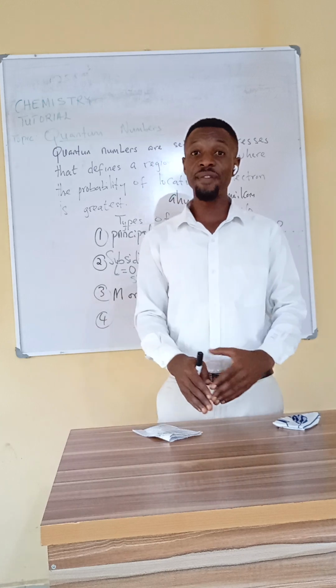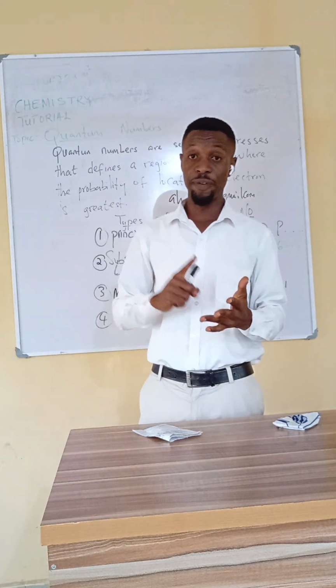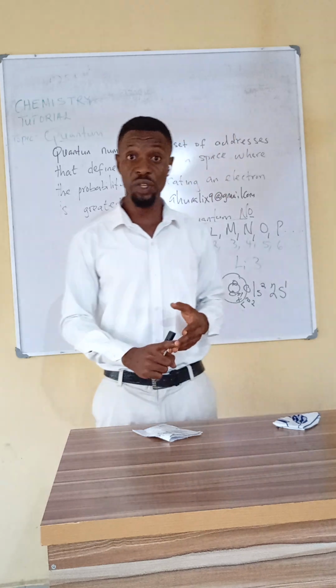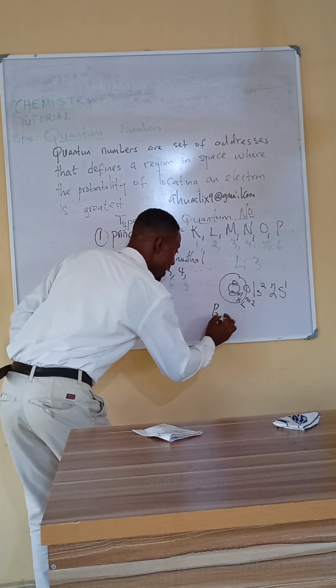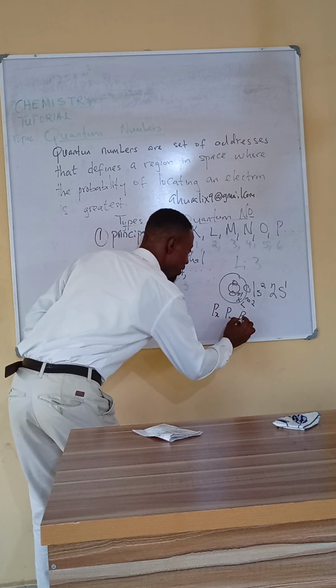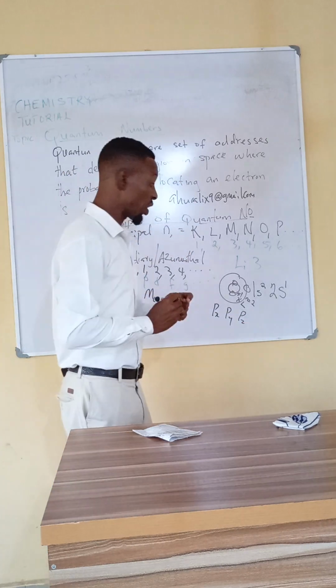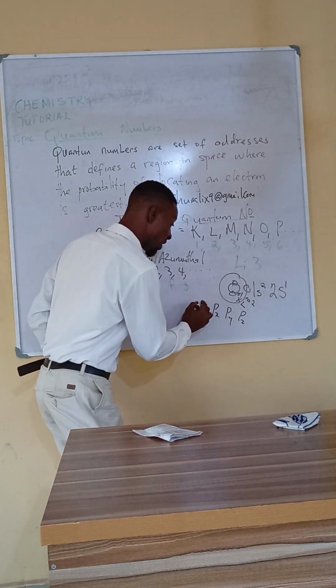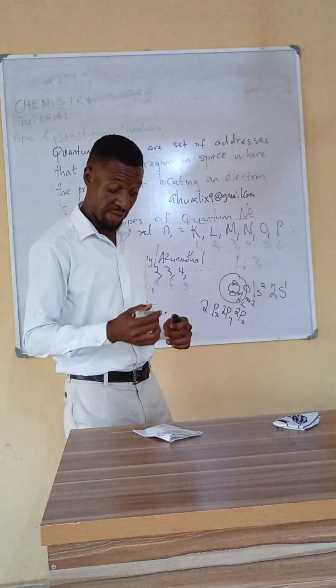The orbitals that have degenerate orbitals include the p orbital, the d orbital, the f orbital. The p orbital has sub-orbitals such as px, py, and pz, but all of them have the same energy level. That means that if this is the second energy level, then it will be 2px, 2py, and 2pz.